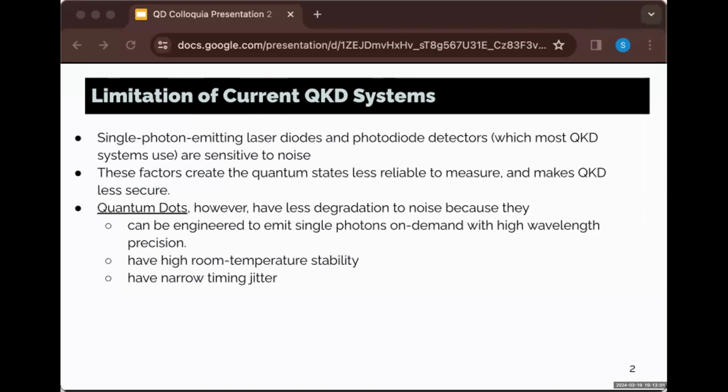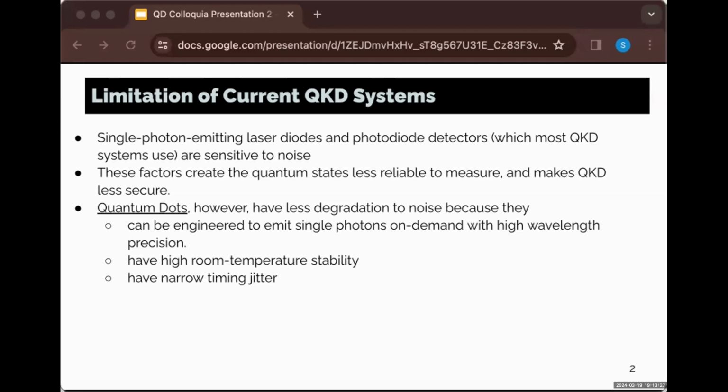Most current real-life QKD systems employ single photon emitting pulse laser diodes to send photons and detect photons using photodiode lasers. However, a limitation of this hardware is that they are very sensitive to outside environmental factors such as temperature and background radiation, all of which can cause quantum states which are emitted to be less reliable to measure.